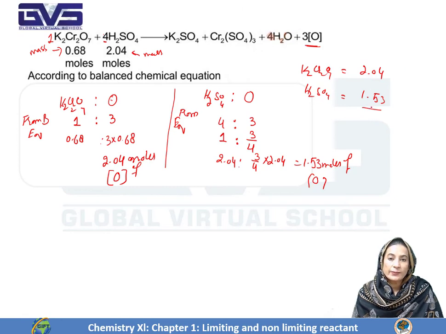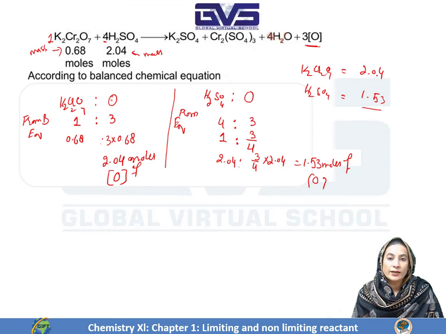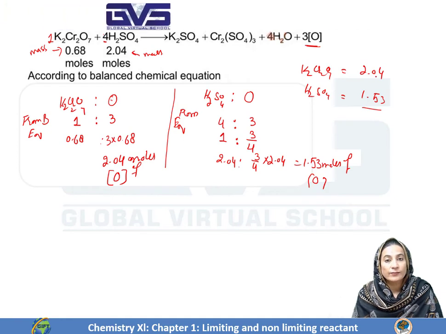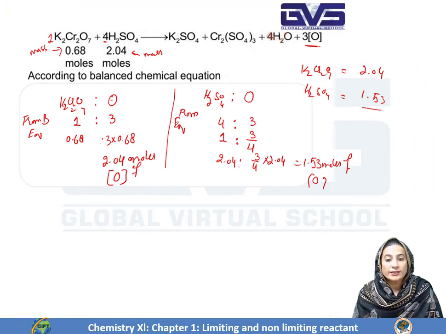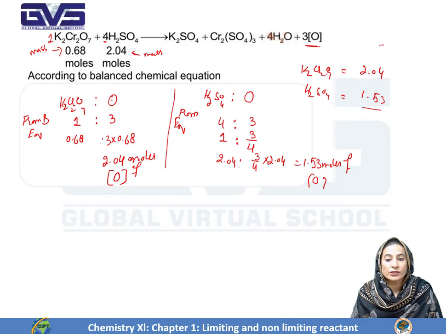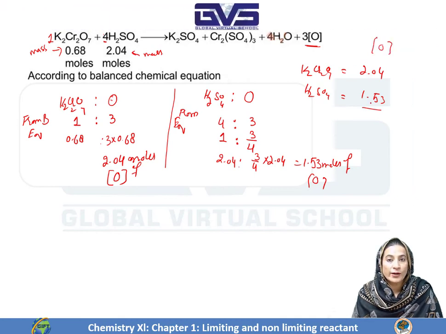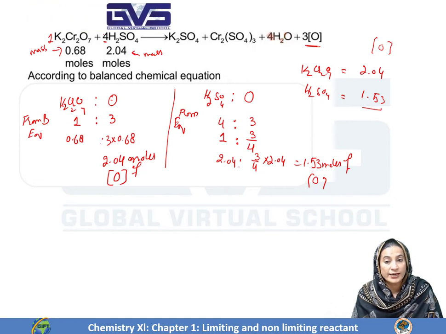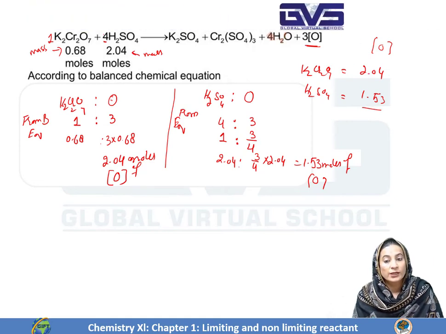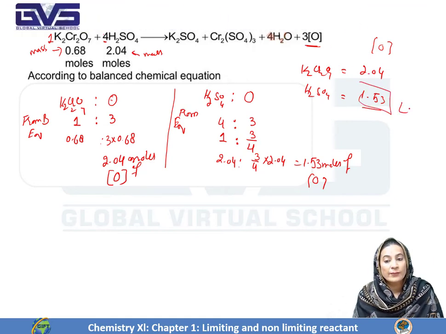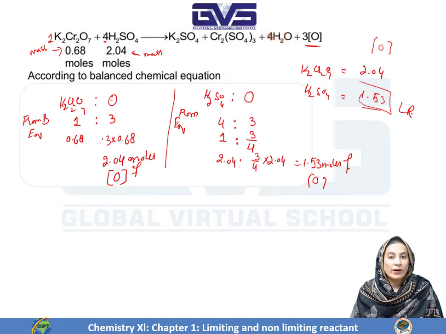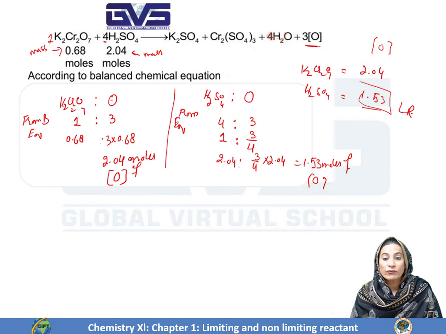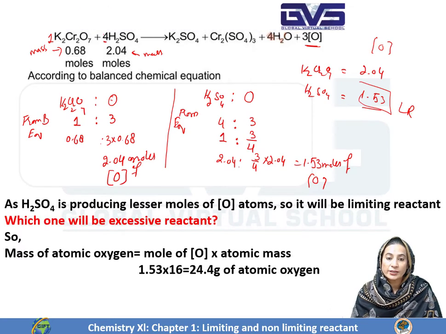So when H2SO4 is consumed completely, then K2Cr2O7 will remain unreacted in the reaction mixture. So you can easily identify that H2SO4 is producing fewer moles of product, 1.53, that is less than 2.04. So this will be the limiting reactant. Then what will be the excess, the non-limiting reactant? Of course, that will be potassium dichromate.